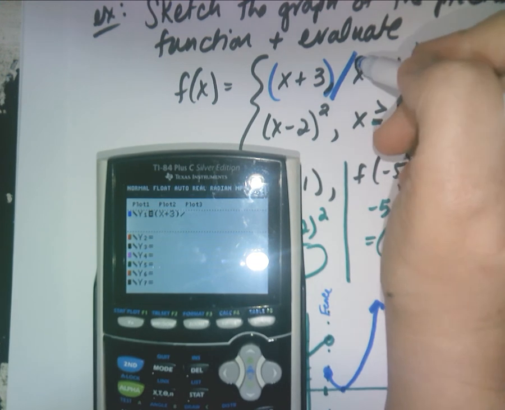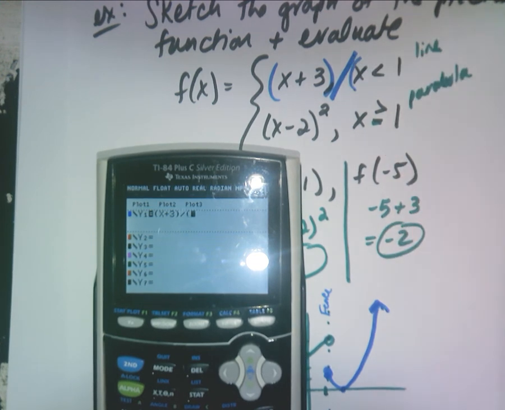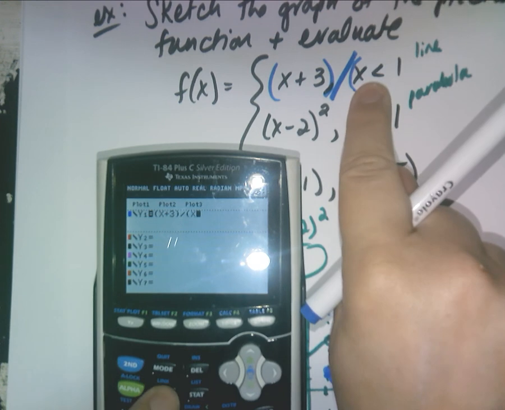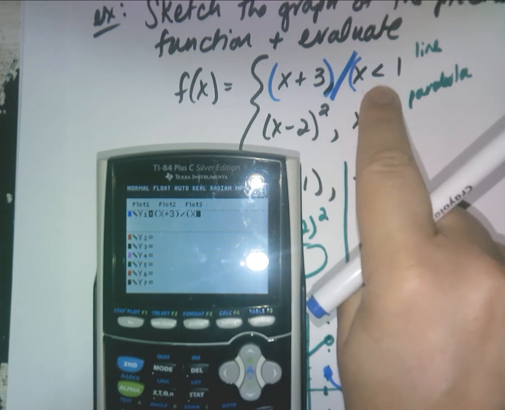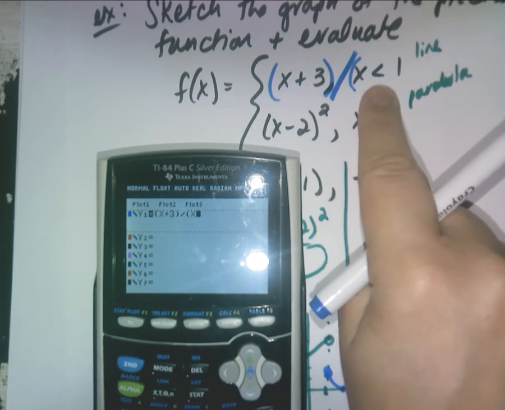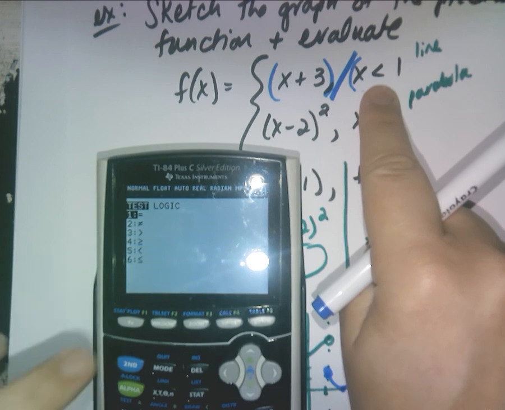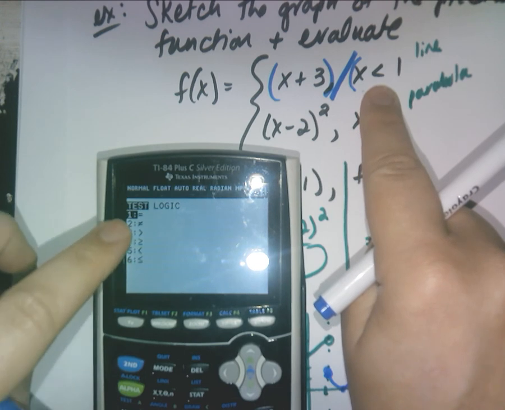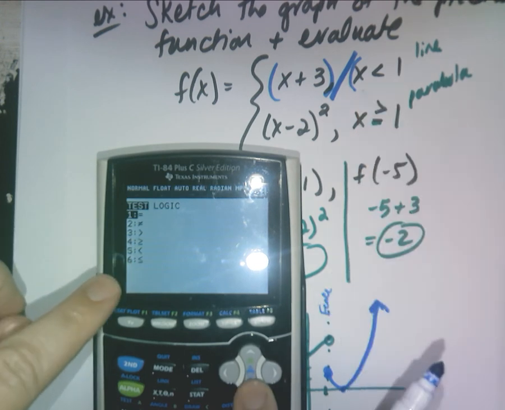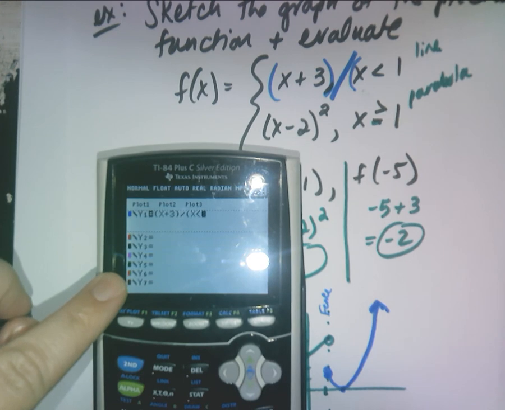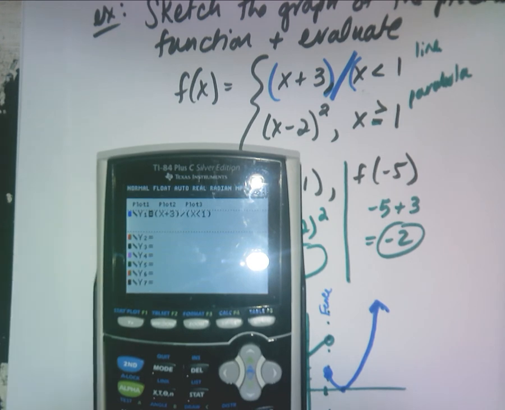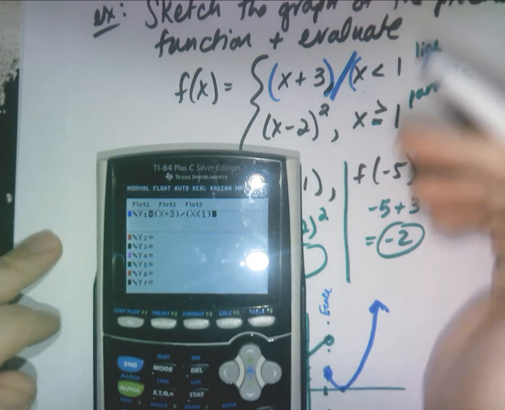Then you put another parenthesis, put x. This less than symbol is located in second math. It's the logic symbols right there. You see the test symbols right there. So go down to 5 and put less than 1, close the parenthesis. Okay, so it should graph that piece of the line.